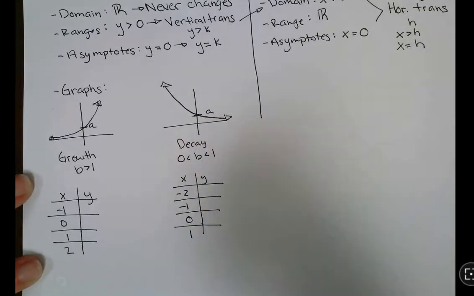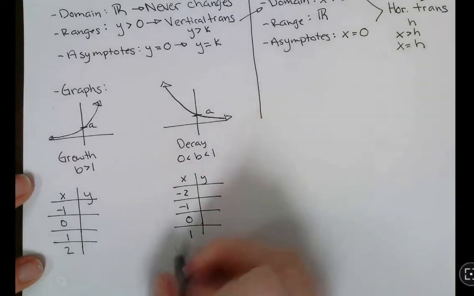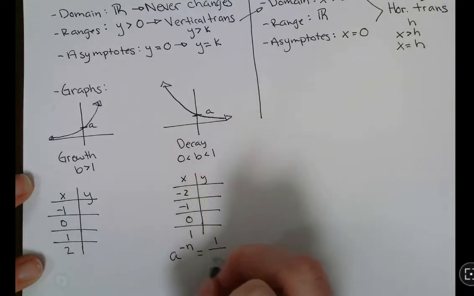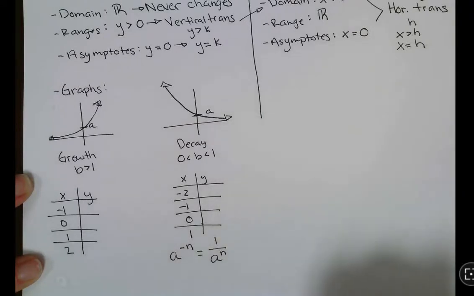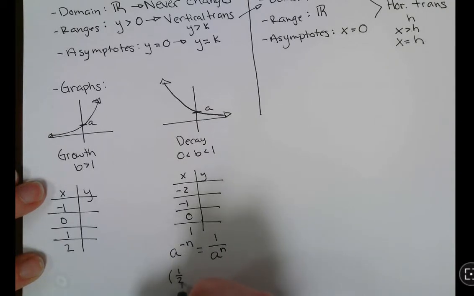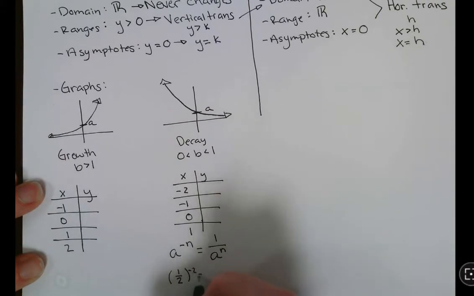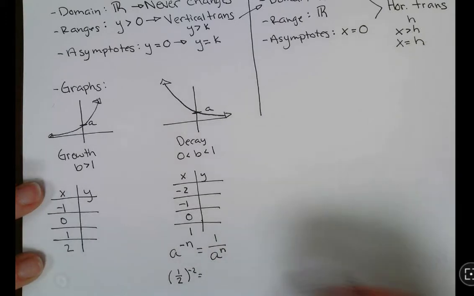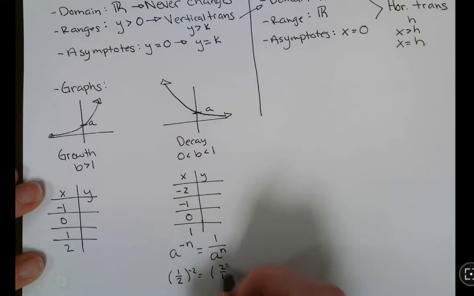And that's just because of that negative exponent rule. If I have something to a negative power, I do 1 over that to the power. So like say -2 here, and I had a function where my a was a 1/2. Well, I'm taking that reciprocal still, so now it's 2 over 1 squared, which would be 4.